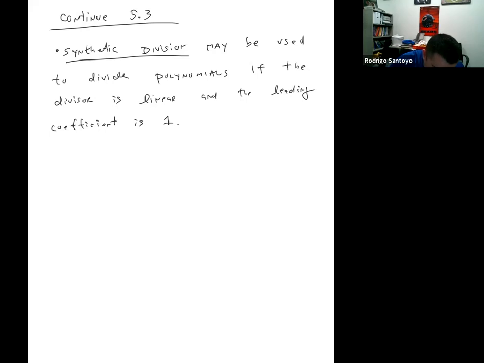An example of that: polynomial divided by, let's just say, x minus 3.